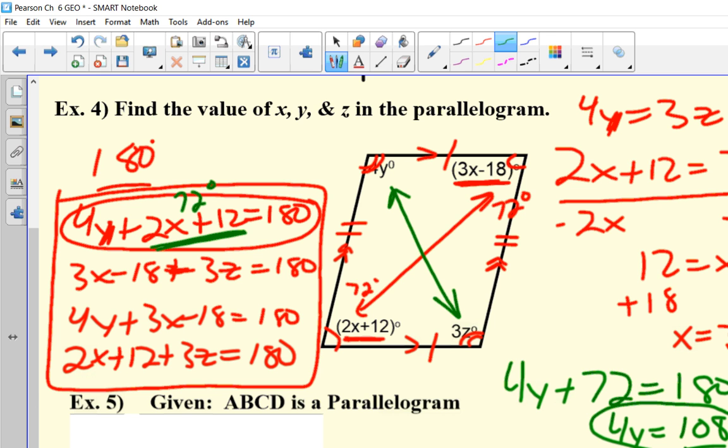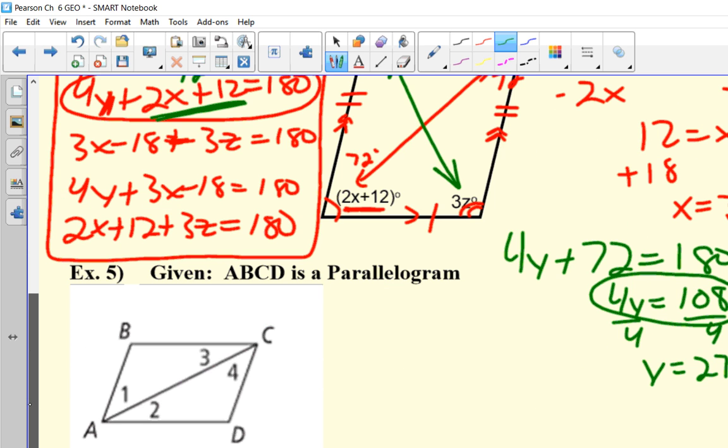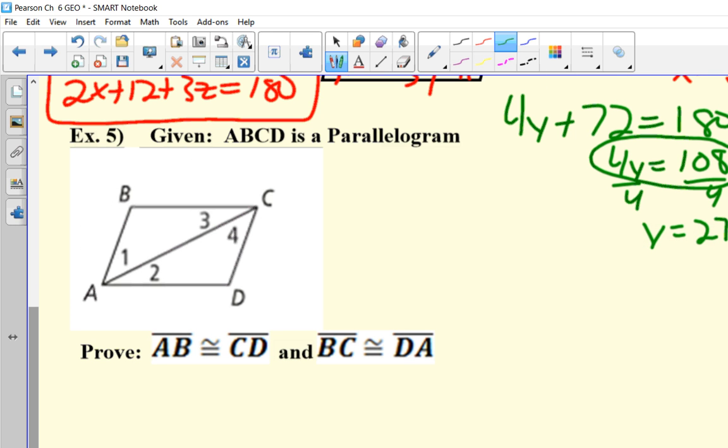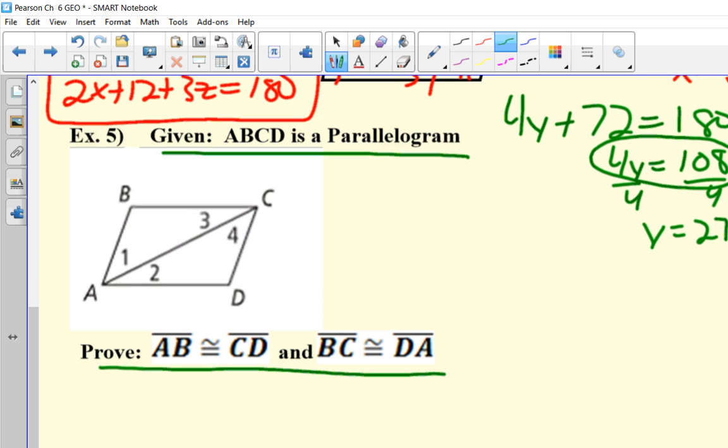Okay. All right. If we go down to example 5, if you guys could go ahead and draw that, please. If you guys could also write what's given to me, and we're going to write a 2-column proof for this. Draw the picture because we're going to use the picture.